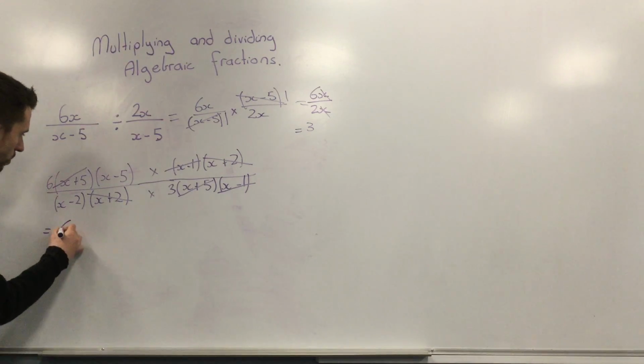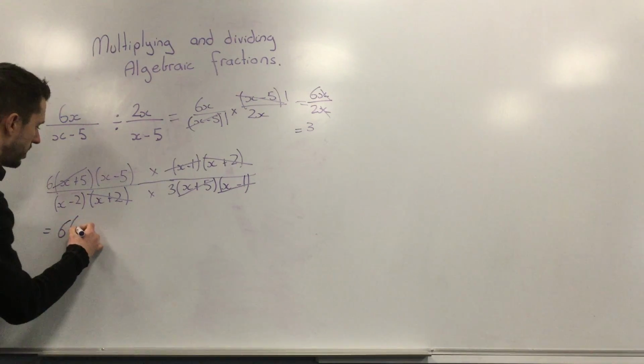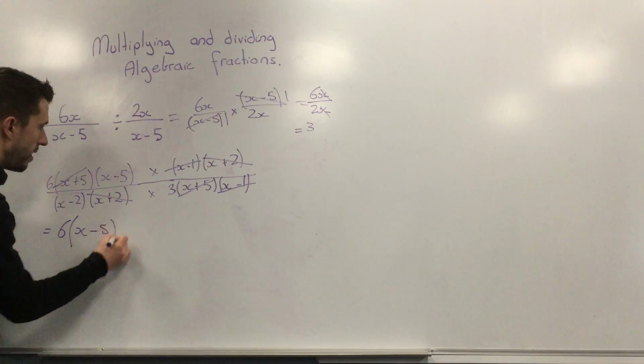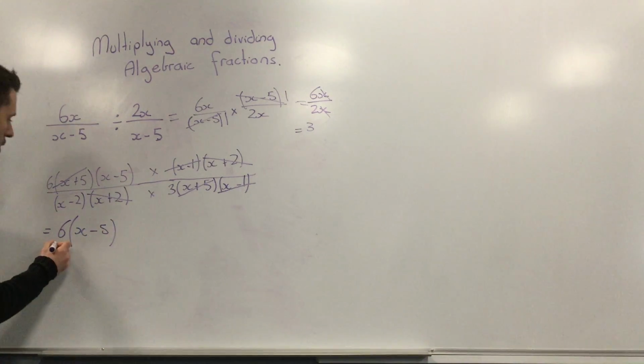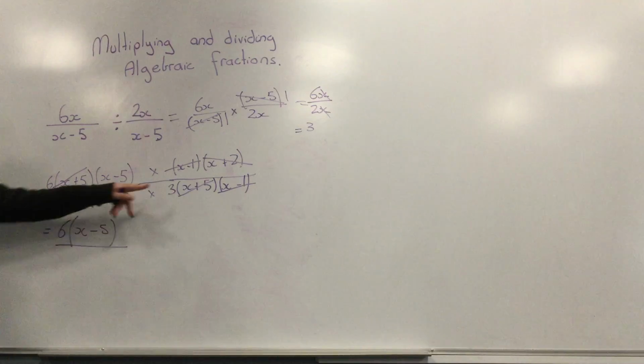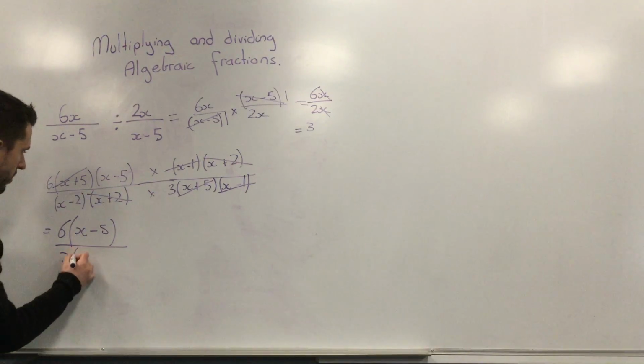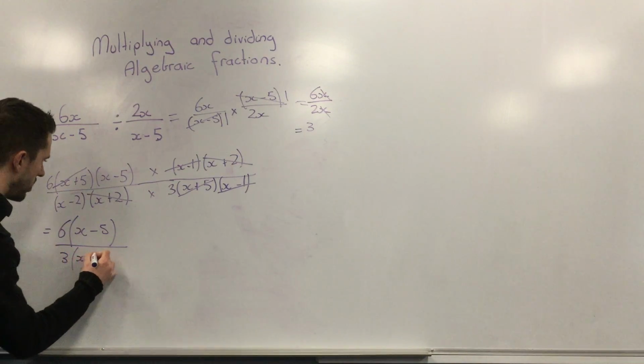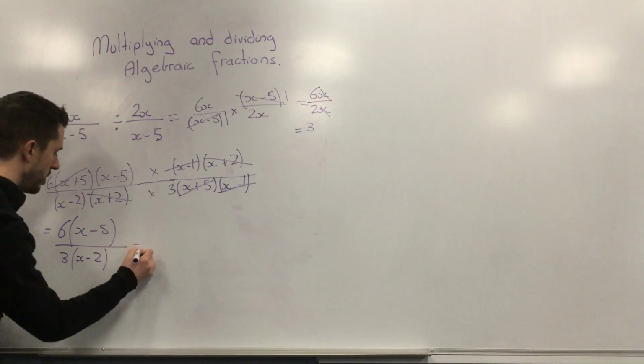Now that leaves me with 6 times x minus 5 on my numerator, and I also have 3 times x minus 2.